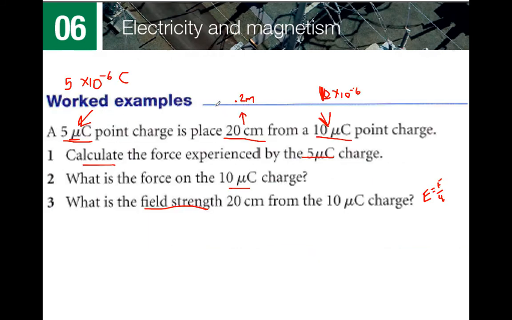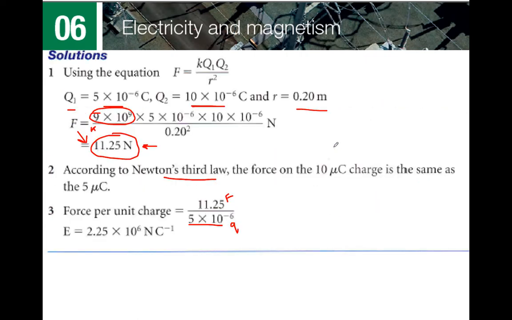Because it specifically asked, what is the field strength from this charge? Since it's from this charge, we have to assume we're talking about the same thing as problem number 1. We're trying to figure out the force that charge is producing on to the 5 coulomb charge. So we have to use that force and divide it there, and we get that answer right there.